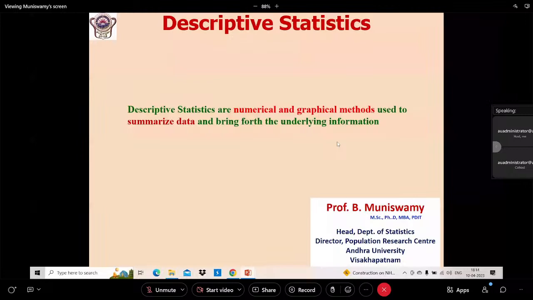So that's why descriptive statistics provides a way to analyze and describe the characteristic of a variable, right? So if you want to study the characteristic of a variable, first and foremost, we go to measurement and scaling techniques in the data analysis.